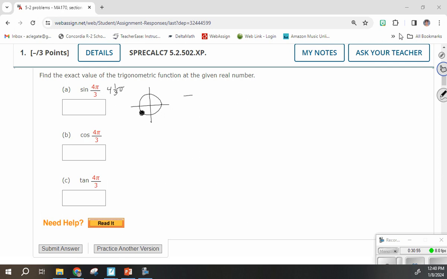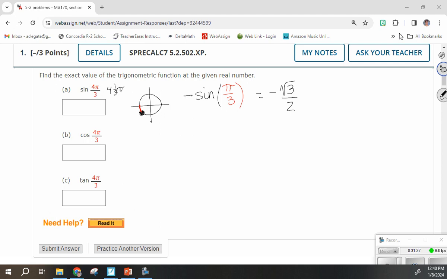So we have negative sine of, what's the reference number for 4 pi over 3? Just pi over 3, okay? So you can check your chart. What is sine of pi over 3? In this case, it would be negative root 3 over 2. Does that make sense? You guys with me?